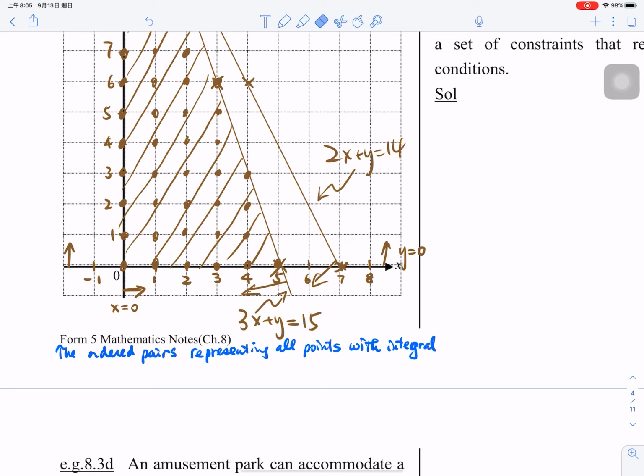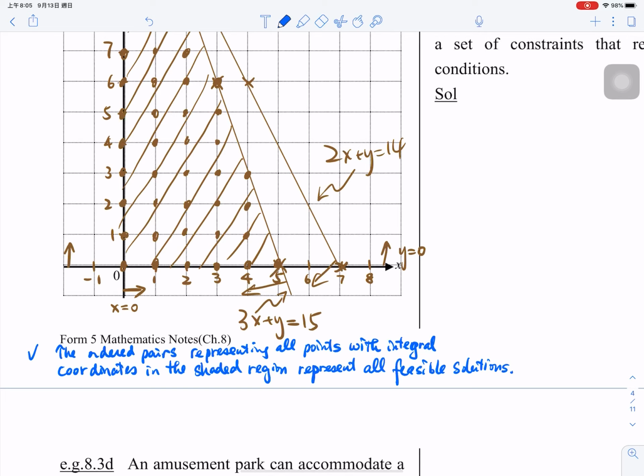Integral coordinates here in the shaded region represent all feasible solutions.